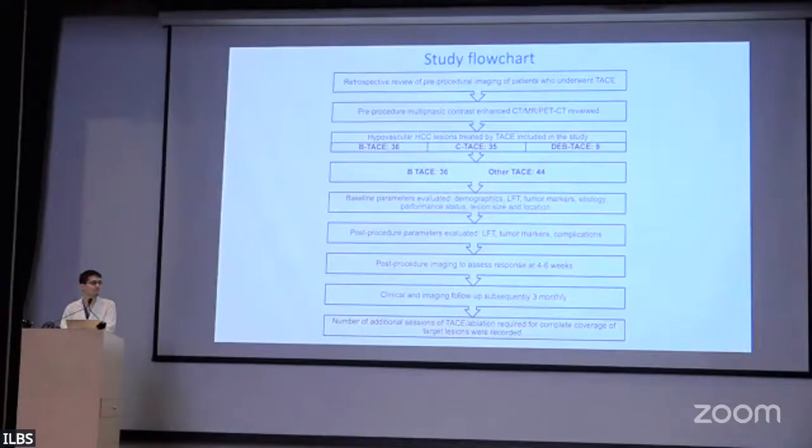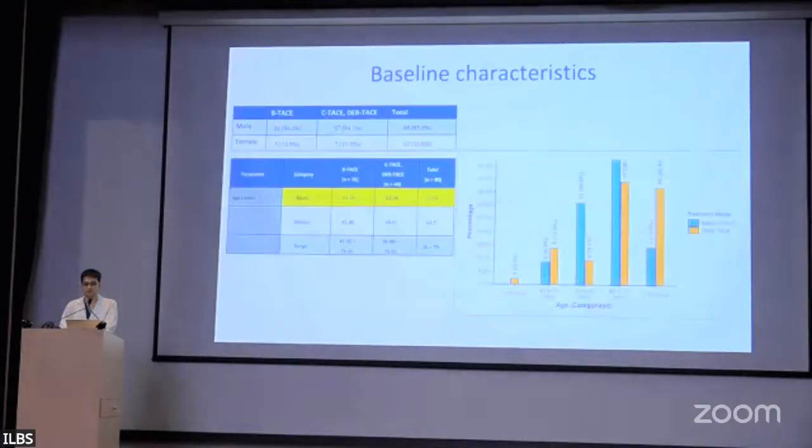The dose of Lipiodol and drug injected in each case is relatively the same, 15 milligrams. The dose is the same, and the side effects are less. The adverse events, liver failure, or post-procedure liver failure, show the complications being less.